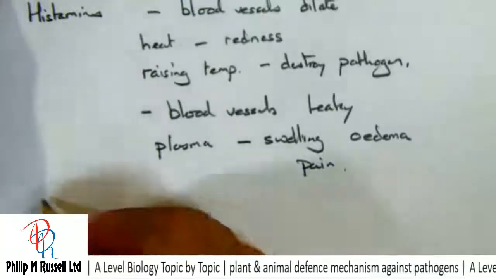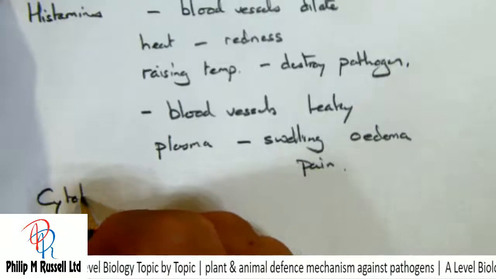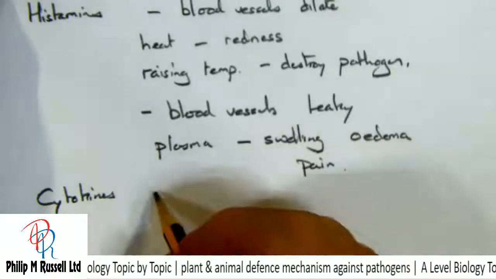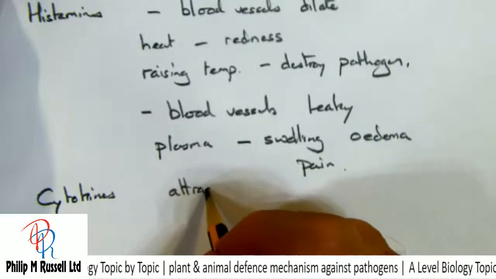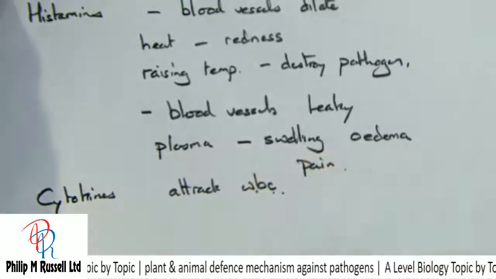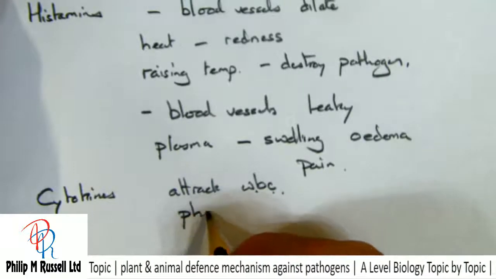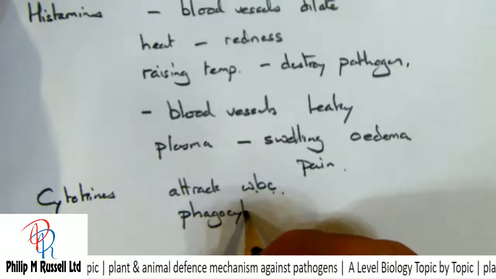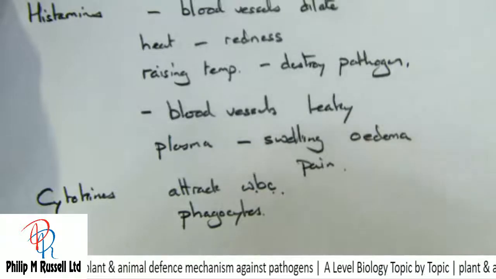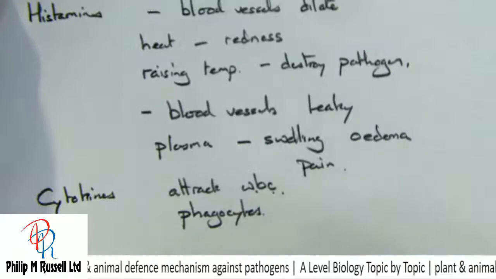The other chemical that's released is the cytokines, and what they do is attract white blood cells, specifically the phagocytes, and they basically dispose of all the pathogens by using their process of phagocytosis.